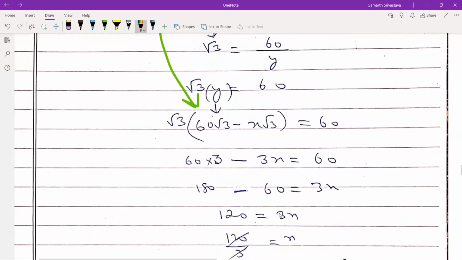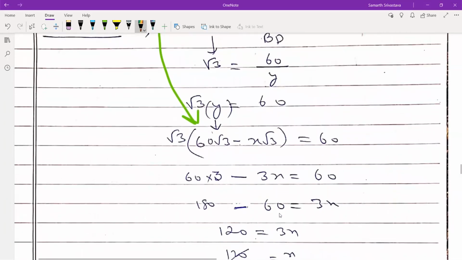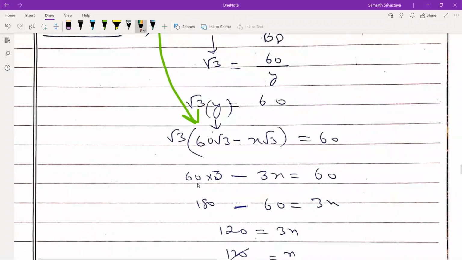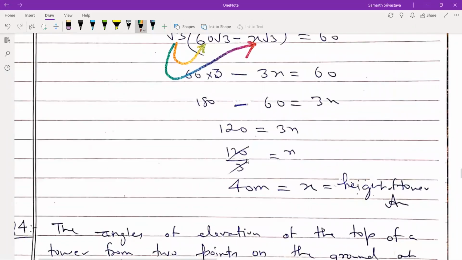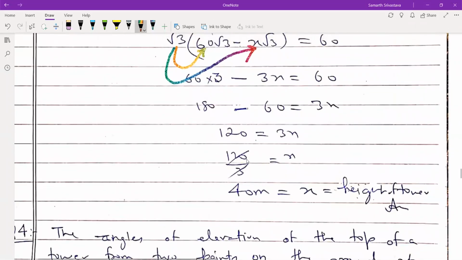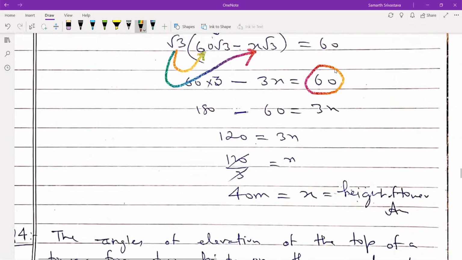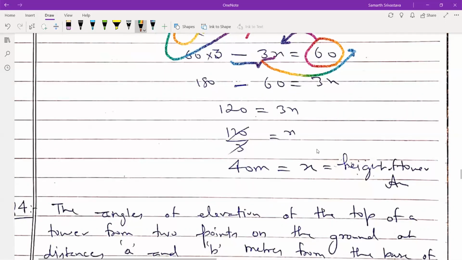So root 3 into 60 root 3 will be 60 into 3, minus x root 3 into root 3 will be 3x, is equal to 60. So that means 180 minus 3x is equal to 60. Bring the 60 to the left hand side and shift the minus 3x to the right hand side, it will become positive. So 120 is equal to 3x. That means x is equal to 120 upon 3. That means x is equal to 40 meter. And this is the height of the tower which was being asked.